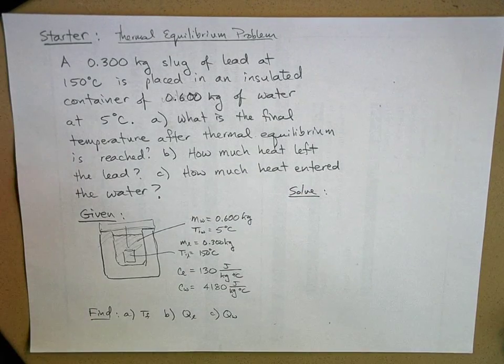Well, we derived a final temperature equation, and usually I like to start from basic physical principles and then derive the equation, but it's so cumbersome to do that every single time that I just said forget it, and we derived this.